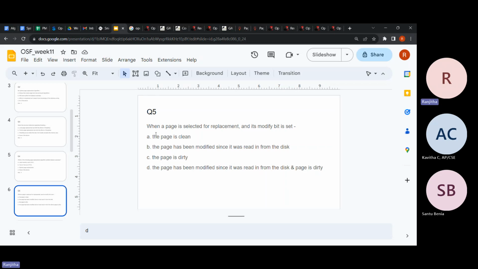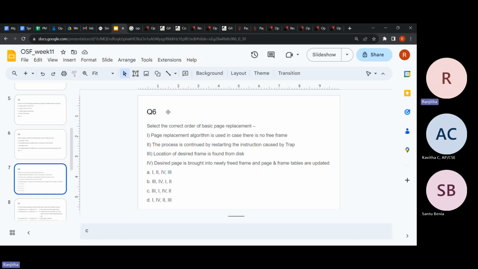Page has been modified since it was read in from the disk and the page is dirty. So select the correct order of basic page replacement. I think we have discussed this. First we need to find the location of the desired frame on the disk.